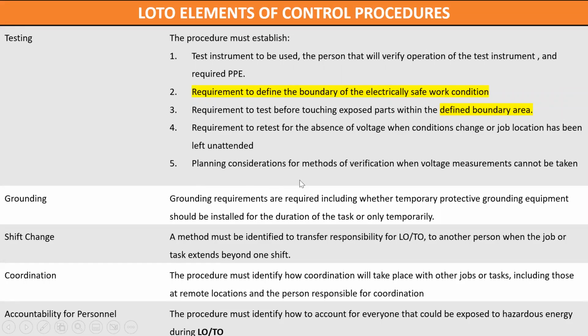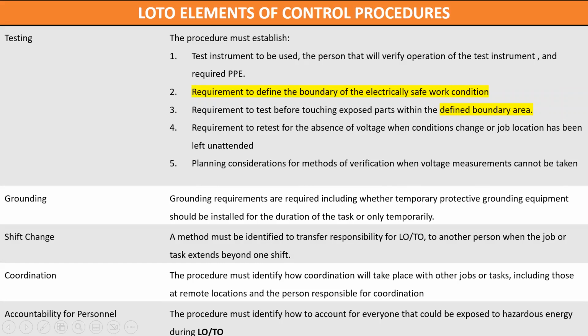The planning consideration for methods of verification when voltage measurement cannot be taken. So if you cannot perform the voltage measurement, what types of things can you perform in order to verify that the equipment has been put into an electrically safe work condition and there are no residual charges there. Then it talks about the grounding requirement.